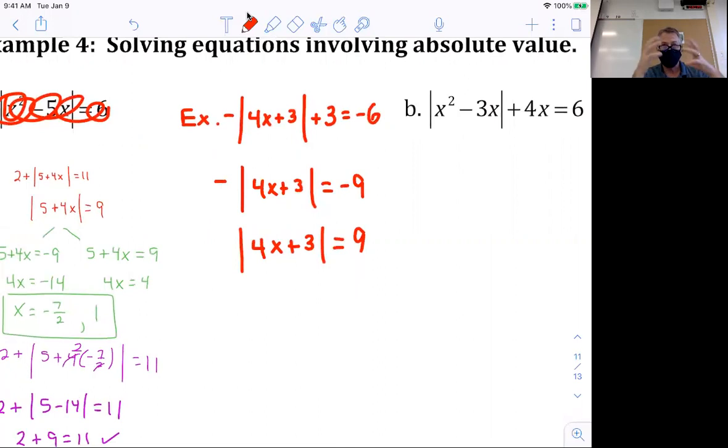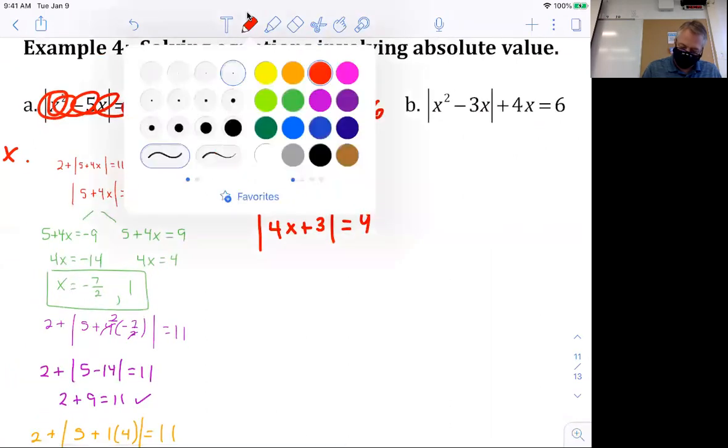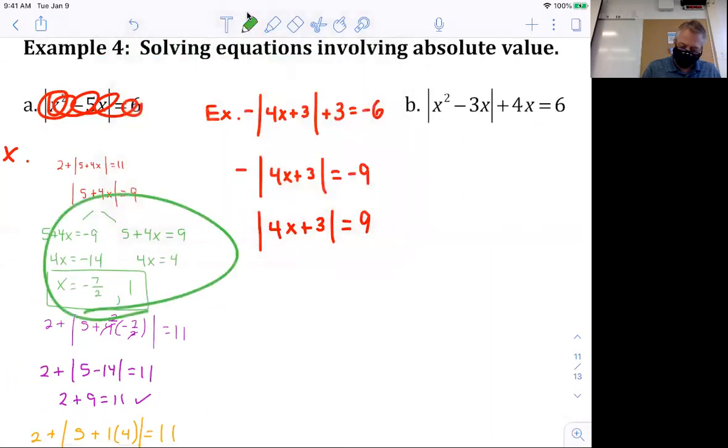So first part of the process, we want to get the absolute value by itself. Then just like we did over here, we want to split it into 2 equations. Because again, this stuff in here could either equal negative 9 or positive 9, and it would still be a true statement.